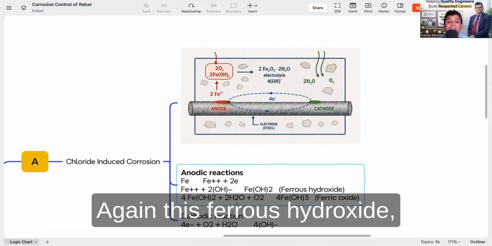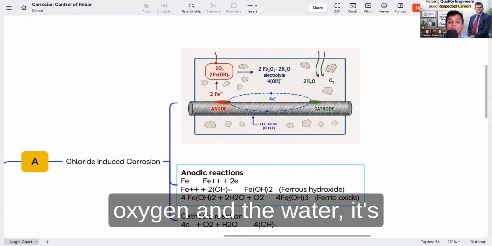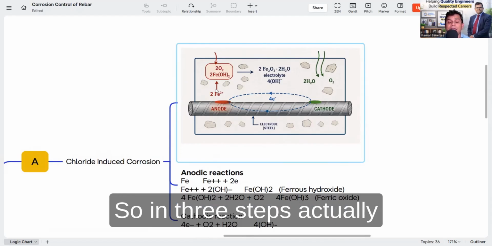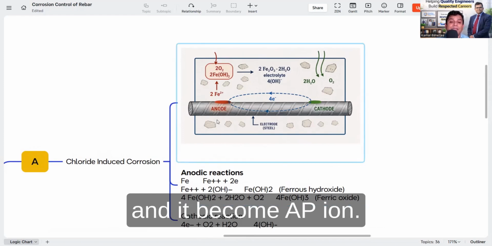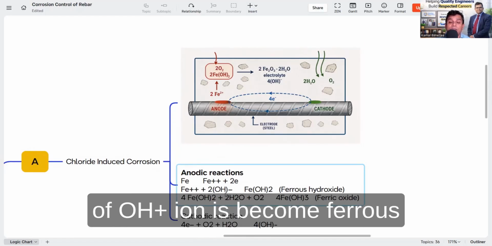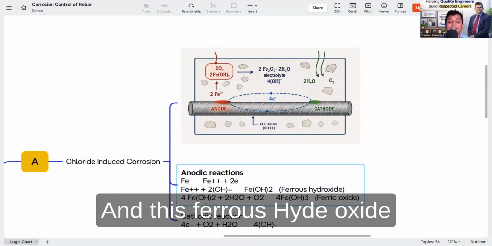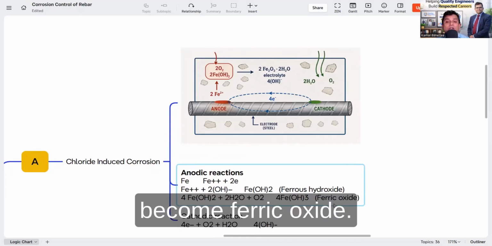Again this ferrous hydroxide with oxygen and water creates ferric oxide. So in three steps it's happening in the anode. First it releases electrons and becomes Fe++ ion, then with the help of OH- ion becomes ferrous hydroxide, and with the help of oxygen and water it becomes ferric oxide.